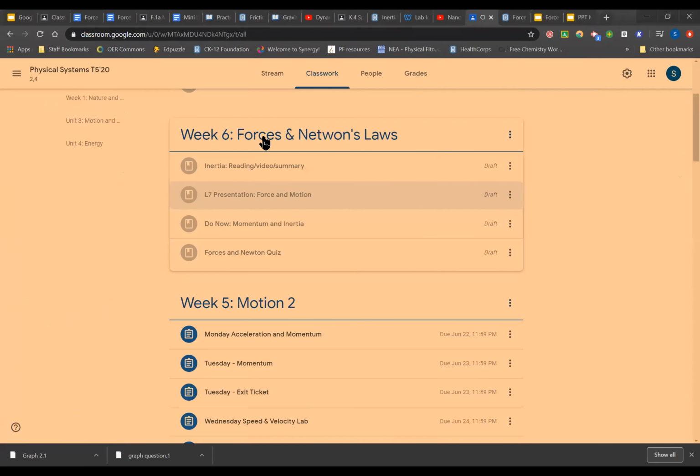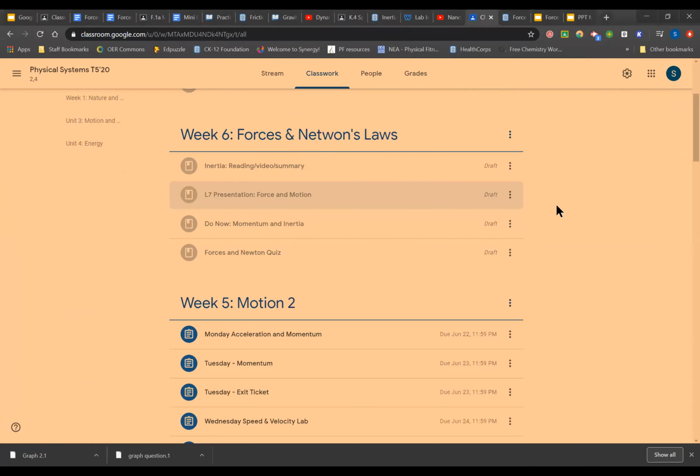Welcome this week. We're doing forces and Newton's laws. This is going to bring together terms and definitions you've become more familiar with, things that are maybe common sense but do have a particular definition, such as speed versus velocity, and distance versus displacement.